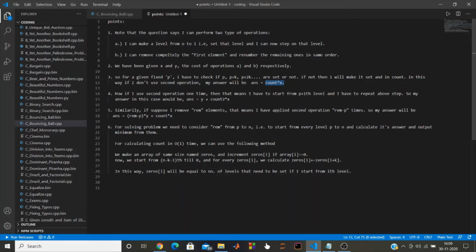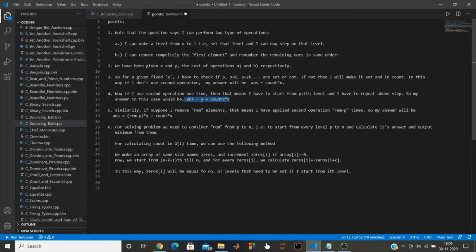Now suppose I use the second operation a single time, that is, I start my calculations from the p plus 1th level. Then I calculate the count of elements which are 0 from p plus 1 onwards, adding every kth element. My answer will be y plus count2 into x.